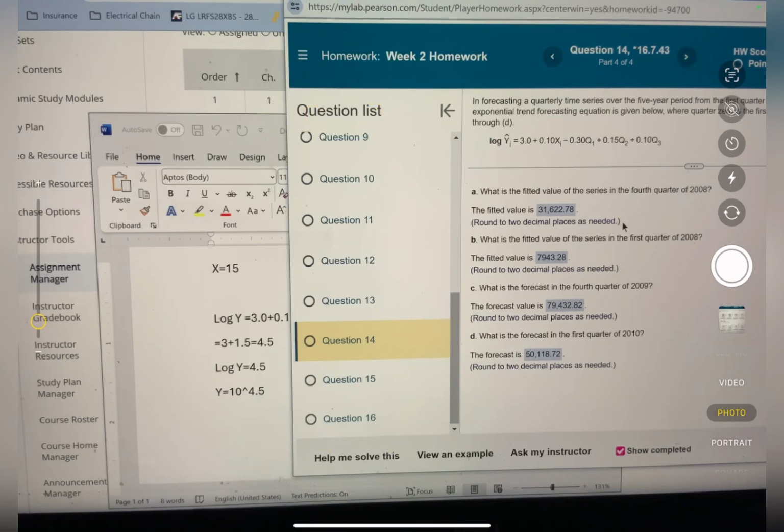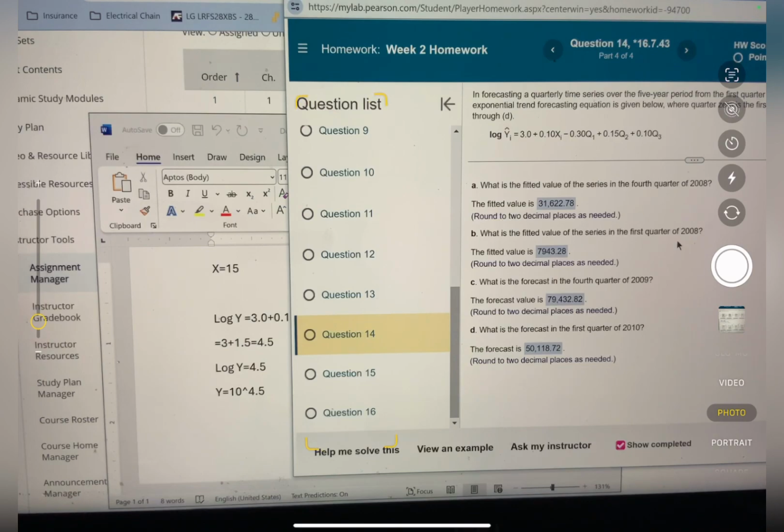Now, the next question is asking for the first quarter, same thing, first quarter of 2008. Okay, let's see, 2005, 6, 7, right?